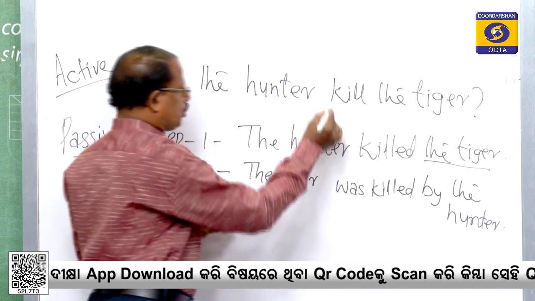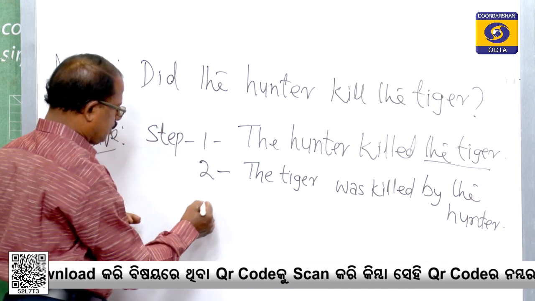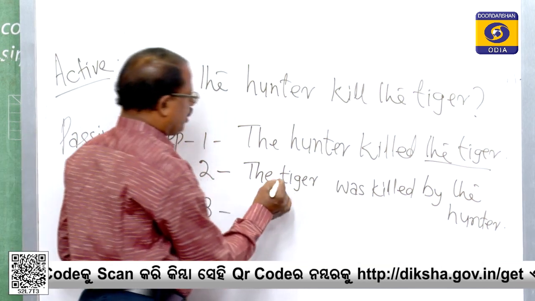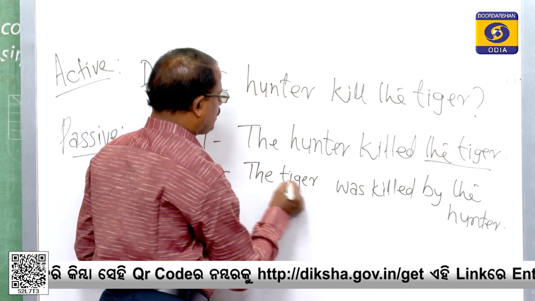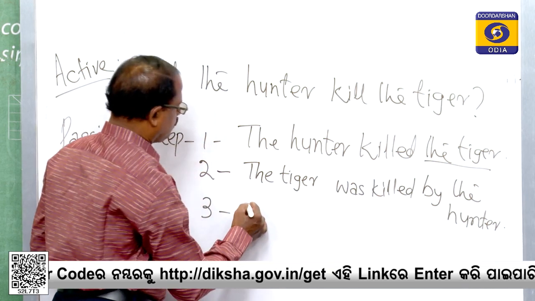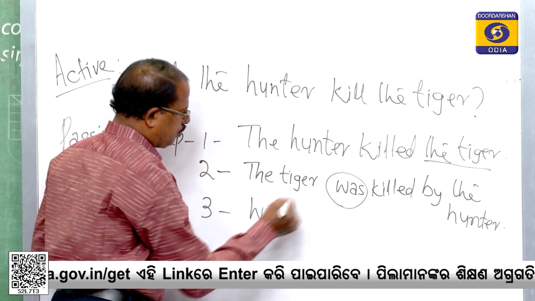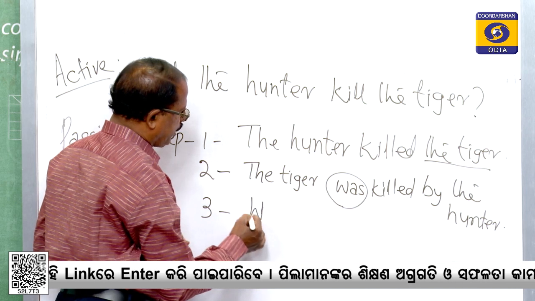and because it is a question, we have to change it into a question. The third form is, you just see, change it. The tiger was killed by the hunter. That means this auxiliary verb is to be brought to the beginning.